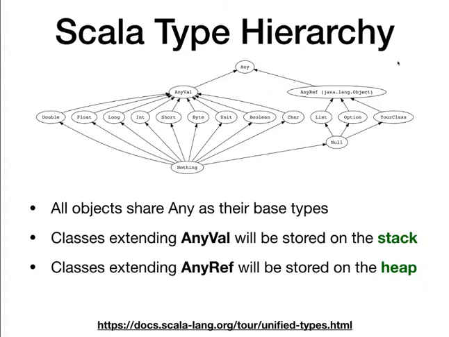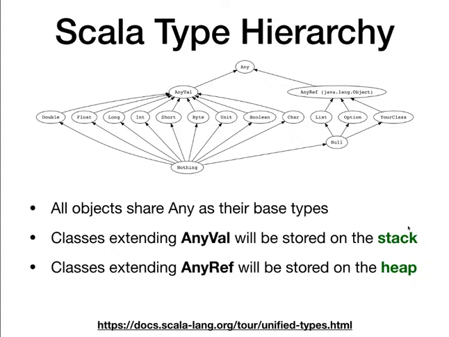Anything that extends AnyVal, we're going to put on the stack when we create a variable of that type. Anything that extends AnyRef is going to go on the heap when we instantiate it, and only a reference to that object is going to go on the stack. So if you have any question, any ambiguity about what goes on the stack or heap, this keeps it real simple.